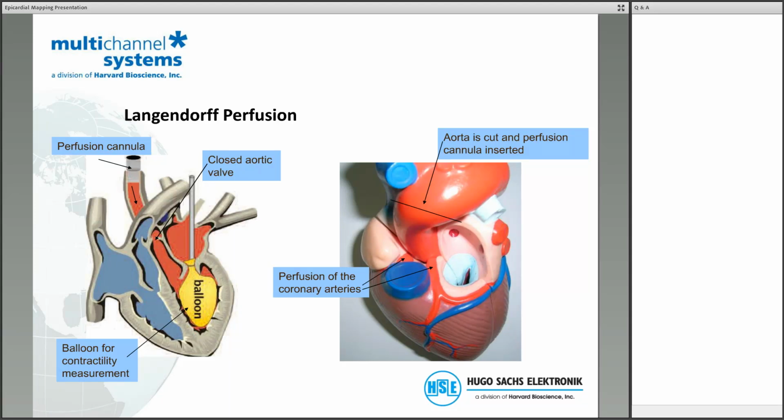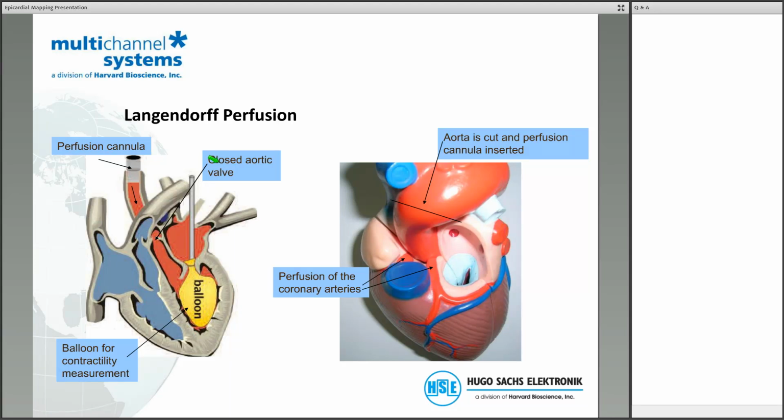And by creating a certain pressure in the aorta, you're closing the aortic valve and you're sending your perfusate solution through the coronary system of the heart. So basically, all the cells in the heart, all the muscle cells in the heart, are perfused with your solution. They get their oxygen, they get their glucose, so you can keep the heart alive for a very, very long time.